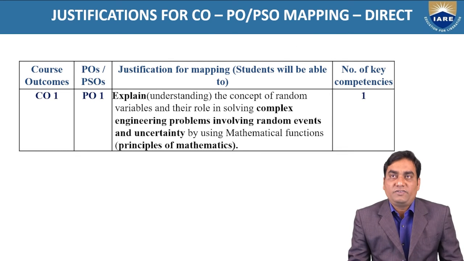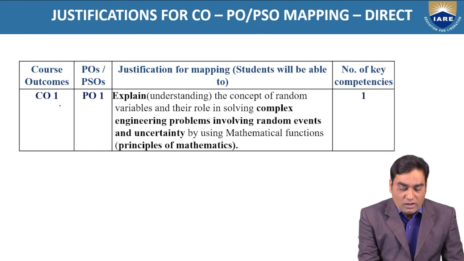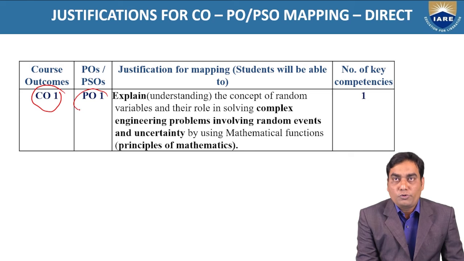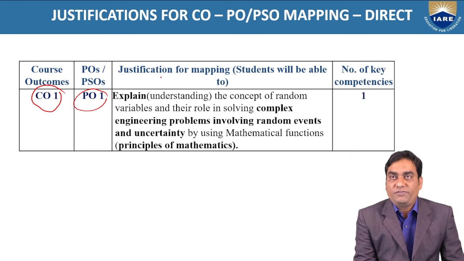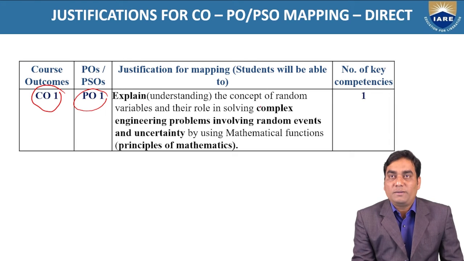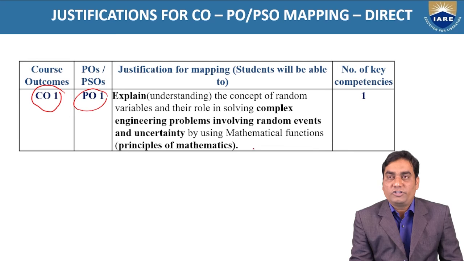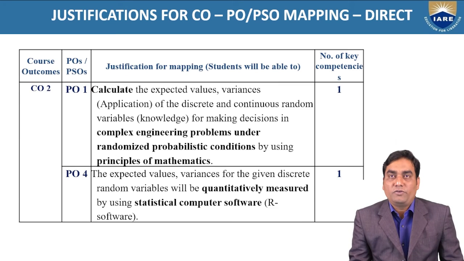And this is the justification of our direct CO-PO mapping. CO1 is the course outcome, and this is the program outcome. The justification for mapping: the students will be able to explain the concept of random variables and their role in solving complex engineering problems involving random events and uncertainty by using mathematical functions. That means we have a relation between CO1 and PO1.